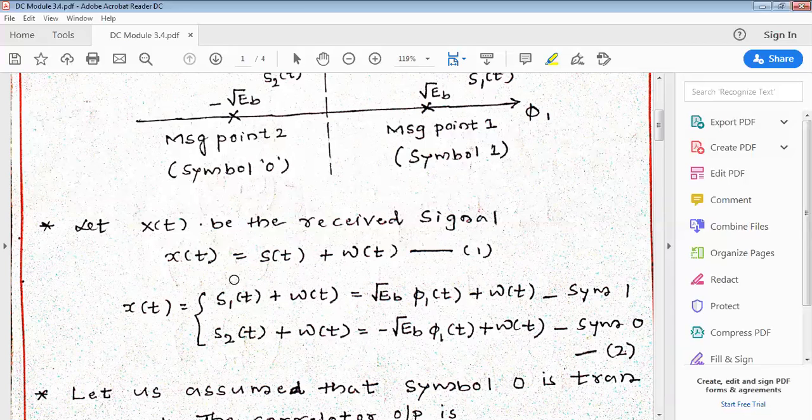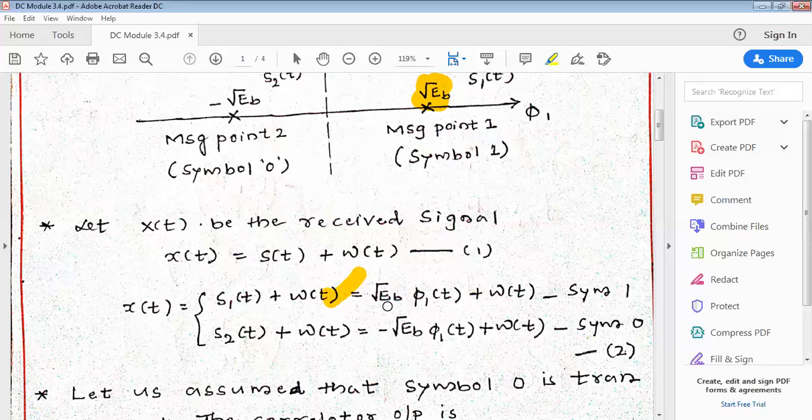We know that S1 of t can be expressed in terms of its coefficient S11, which is equal to square root of Eb, multiplied by phi1 of t. This we discussed in the previous video while discussing the generation of the BPSK signal.